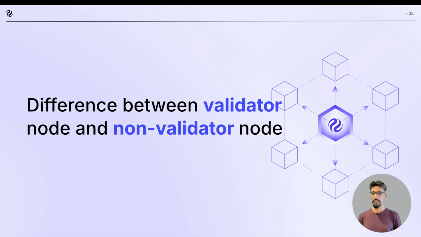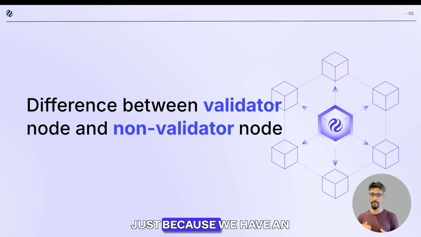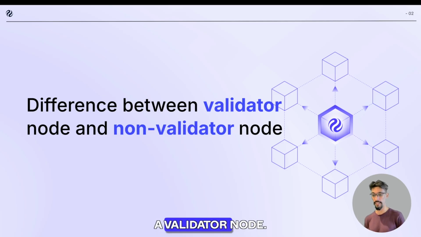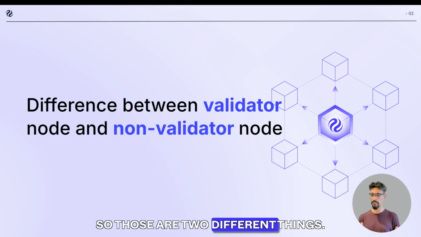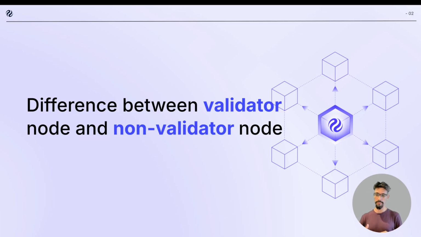All right. So before we end, I want to stress that just because we have an Injective node running, it doesn't mean that we actually have a validator node. Those are two different things. Having a node running is one step, and it is a prerequisite to having a validator.